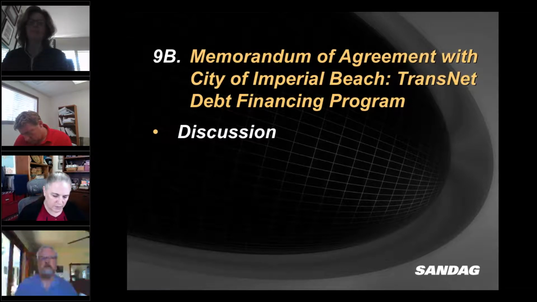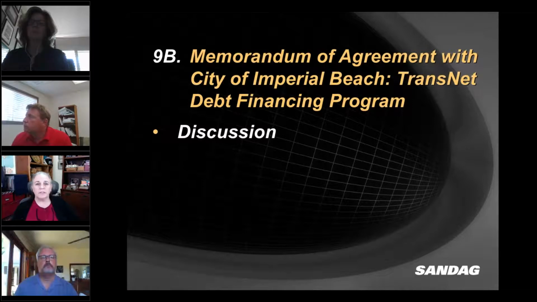I do want to make sure, just to clarify, that there are two separate TransNet pots of funds. Essentially, we have the transit system improvement funds, and then we have the new operations funding, which is actually its own share of the TransNet funds that are received. So the TSI funds are allocated annually.